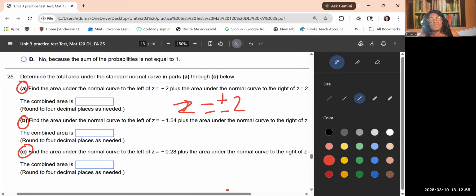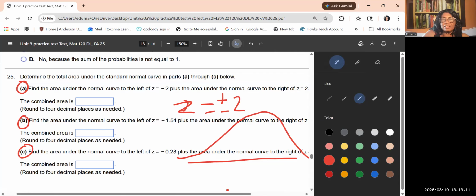This one actually answers itself, because according to the empirical rule, this is a question where we can use the empirical rule. So I'm told to find the area to the left, but I can as well use the empirical rule.